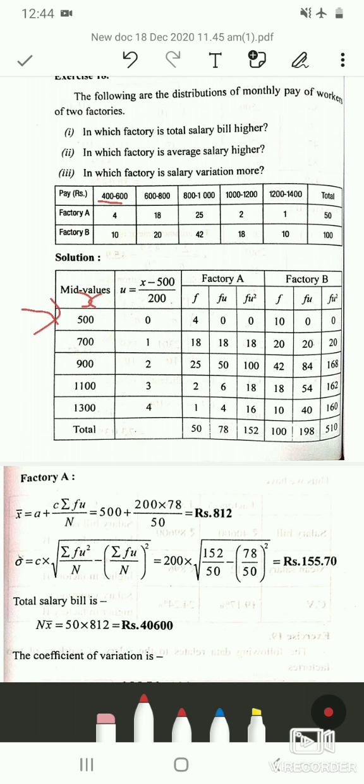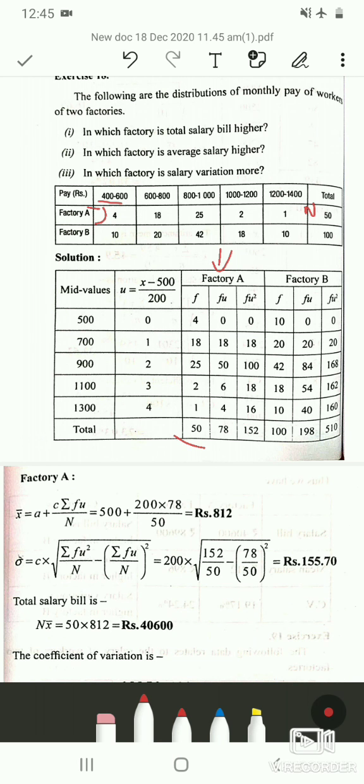So 500 minus 500 is 0. Similarly 700 minus 500 is 200, and 200 divided by 200 gives 1. Similarly calculate u values for all the data. The next step would be, for factory A, we have frequency 4, 18, 25, 2 and 1, and they have already given capital N for factory A, which is 50.